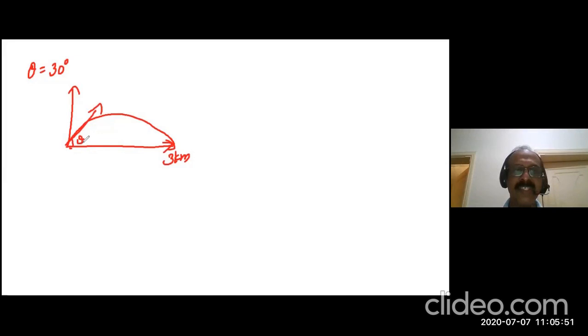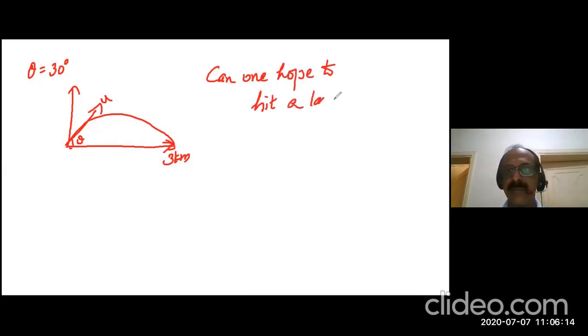By adjusting the angle of projection, can one hope to hit a target 5 kilometers away?